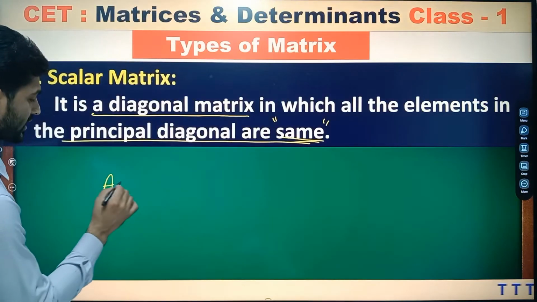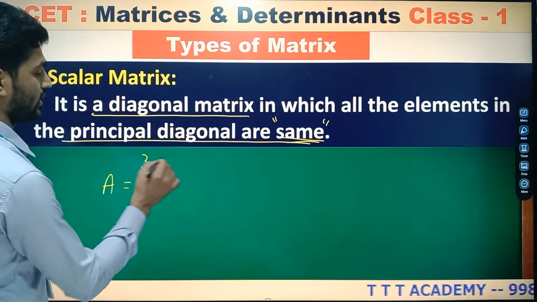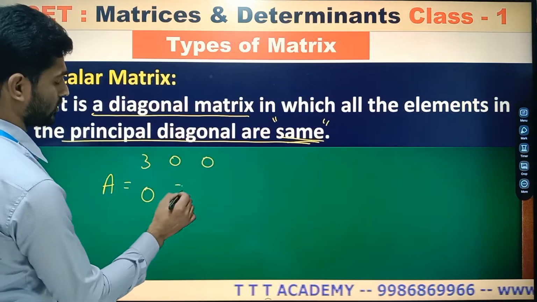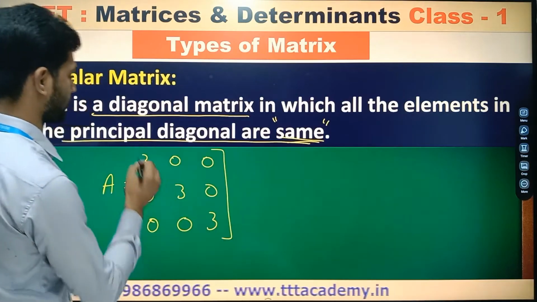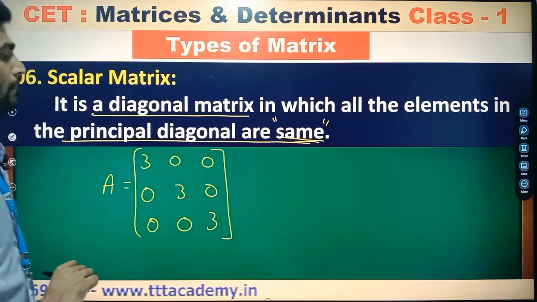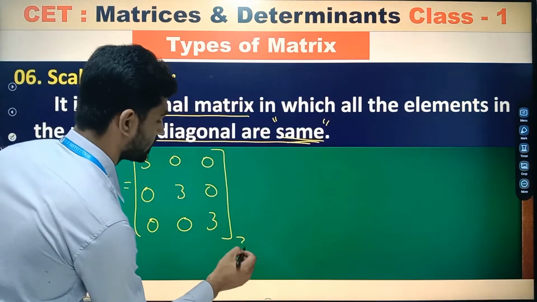Suppose A equal to, for example, 3 0 0 0 3 0 0 0 3. This is the example for a scalar matrix of size 3 cross 3.